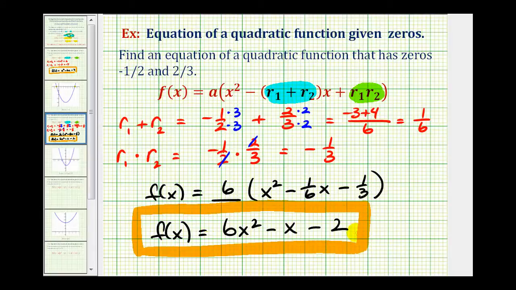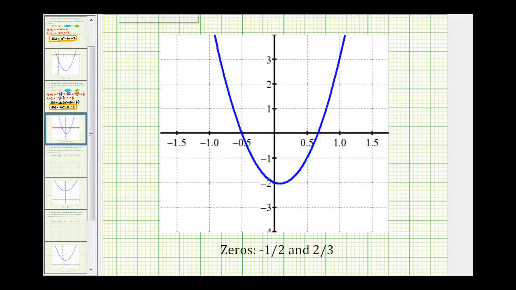And again, to verify this, let's graph it and check our x-intercepts. Notice how we have an x-intercept of negative 1/2 here, and it's hard to tell, but this does look like an x-intercept of positive 2/3, verifying our work. Okay, in part 2 we'll take a look at what happens when we have imaginary and complex zeros, but we can still use the sum and product of the zeros in order to find our quadratic functions.